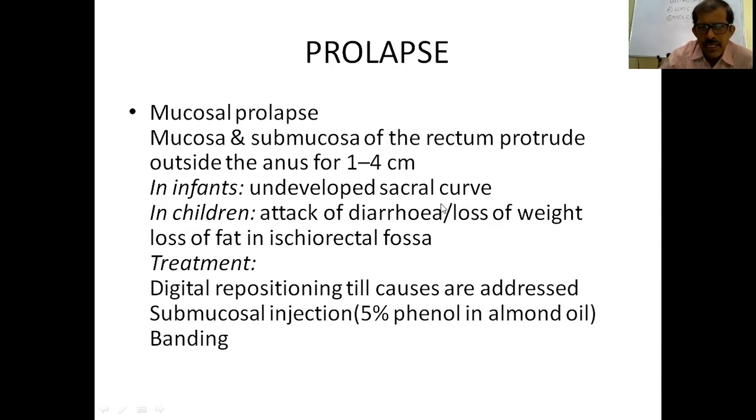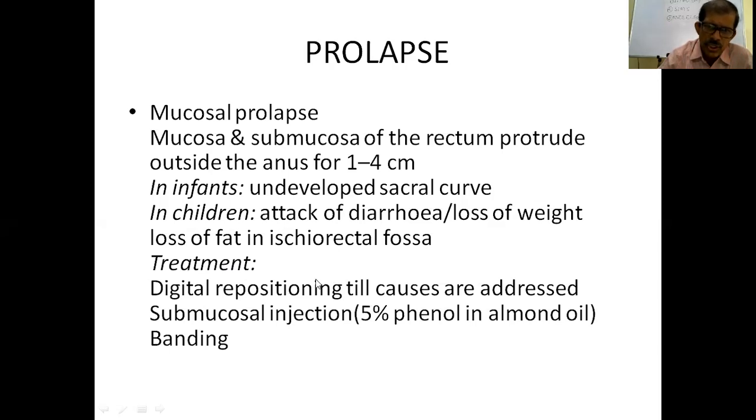Children after diarrhea or due to some cause, they have lost weight. So there is no support. So loss of fat in the ischiorectal fossa, there is no support to the rectal mucosa and it will prolapse out. So the treatment is mainly digital repositioning. That's all.